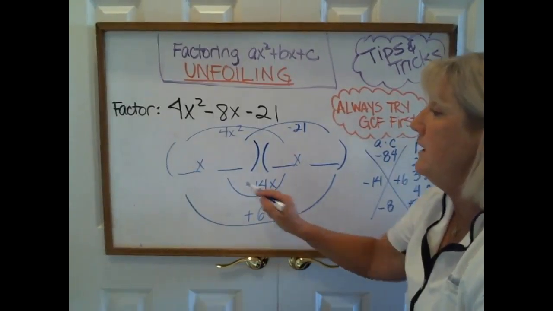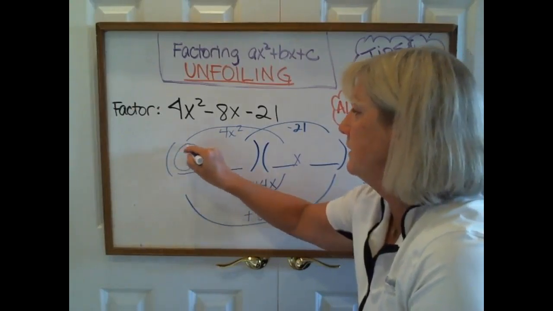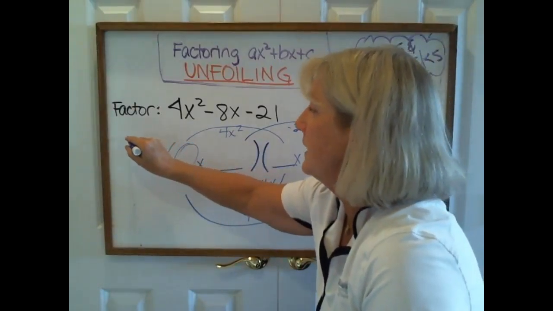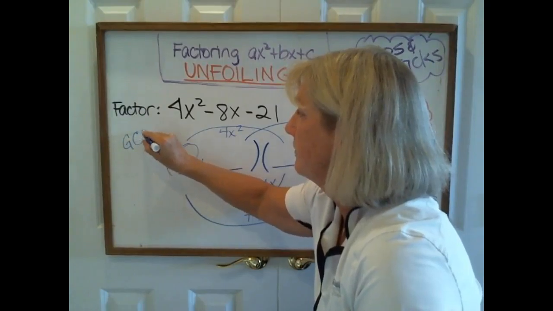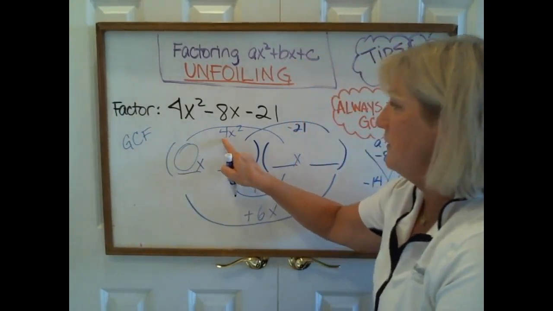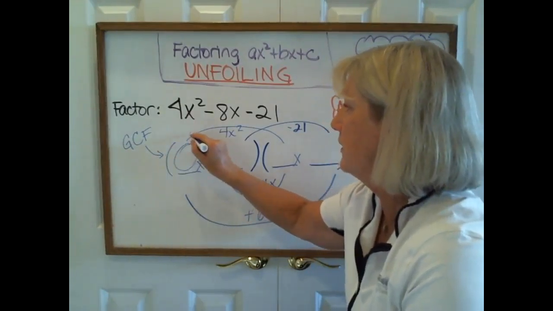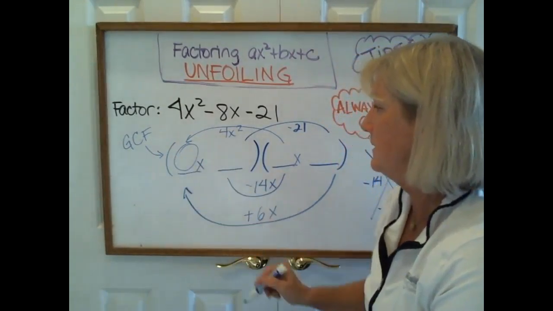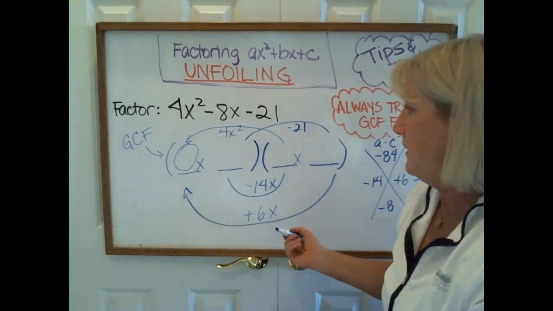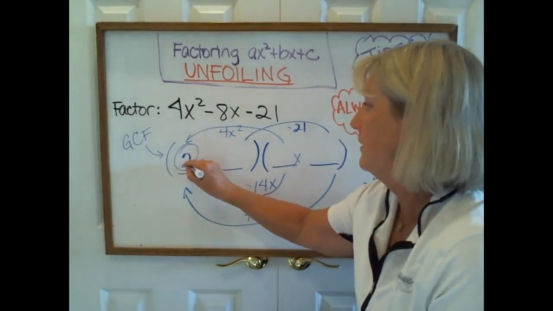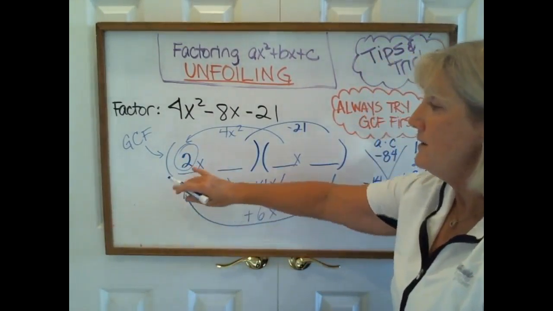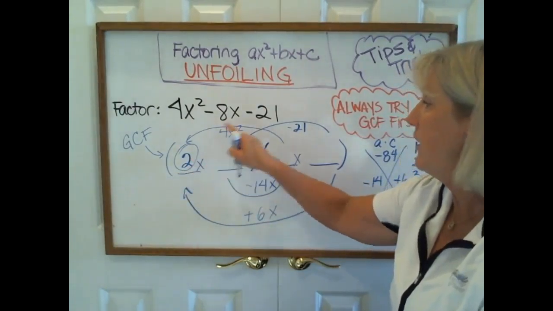So what we do here is I like to just start here. And I want to take the GCF between 4x squared and 6x from where these two lines meet. And so that would be 2x. So once I have one number here, I just follow the arrows around.